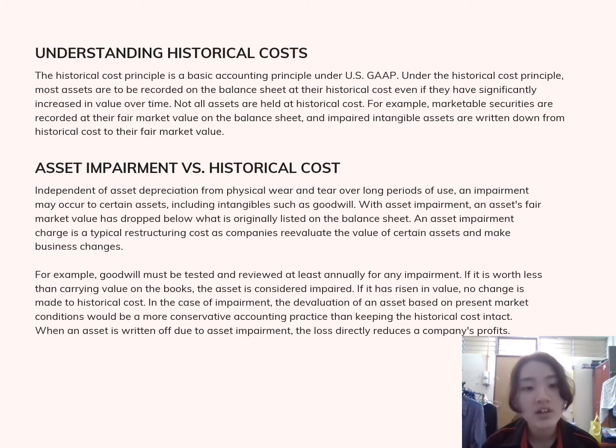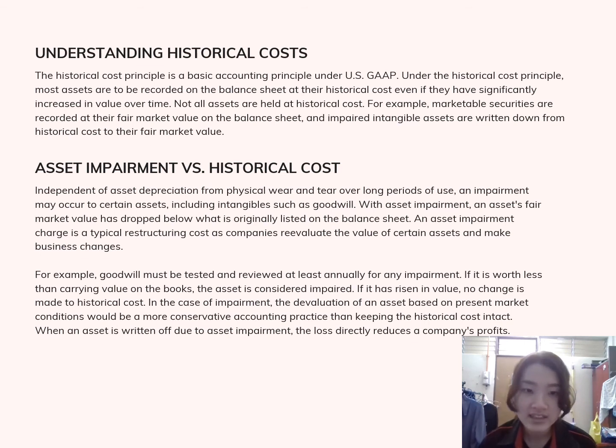For example, goodwill must be tested and reviewed at least annually for any impairment. If it is worth less than the carrying value on the books, the asset is considered impaired. If it has risen in value, no change is made to historical cost.